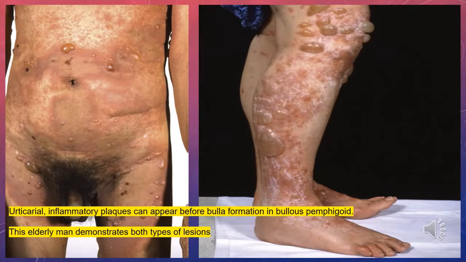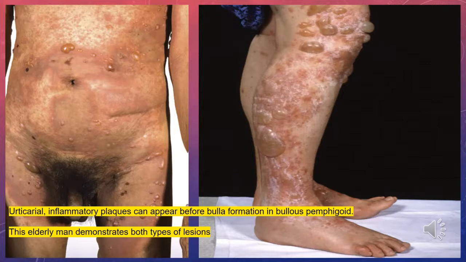As said in the previous slide, it may take weeks to months to develop a blister lesion in bullous pemphigoid. So initially, an urticarial lesion is there, and an inflammatory plaque can appear before bulla formation.